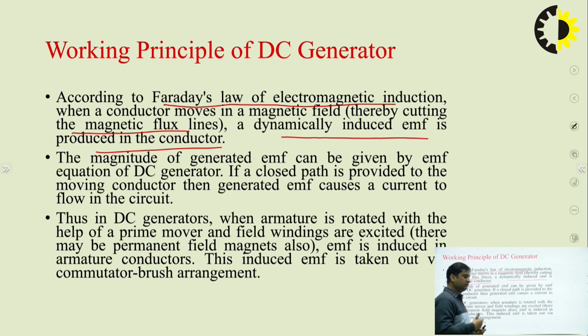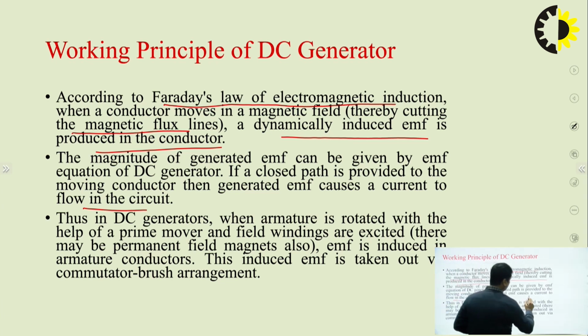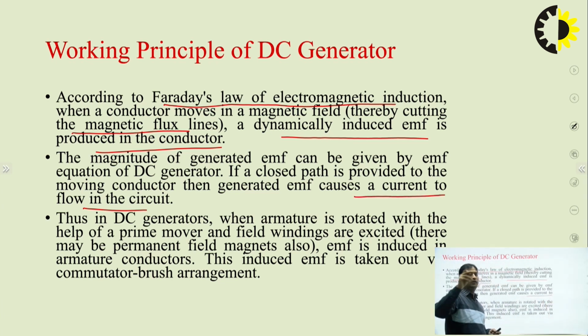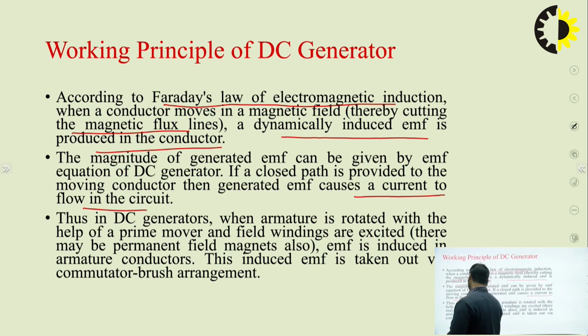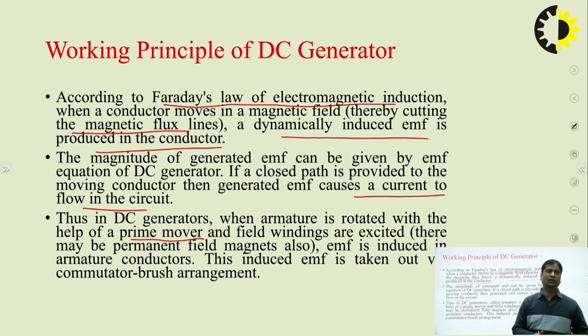Whenever the voltage is induced in the conductor and the path is closed, the current will flow in the conductors and in the circuit, which is connected to the load. In a DC generator, the armature is rotated with the help of prime movers, because in a generator the mechanical energy is converted into electrical energy, and this mechanical energy is provided by the prime movers.